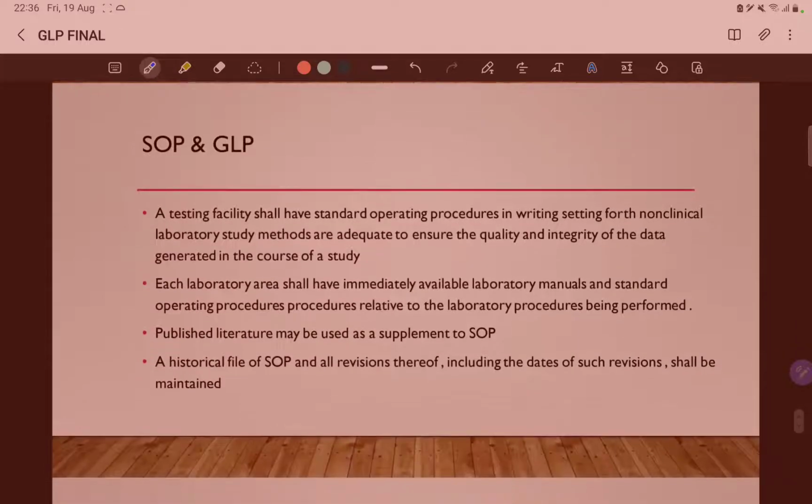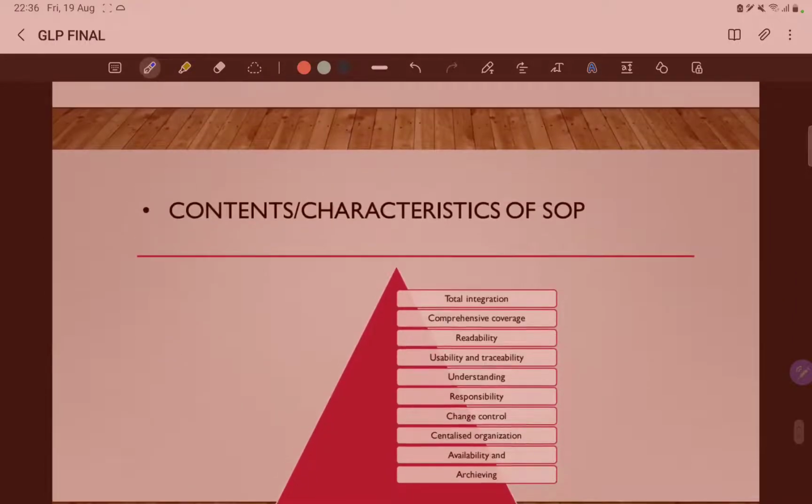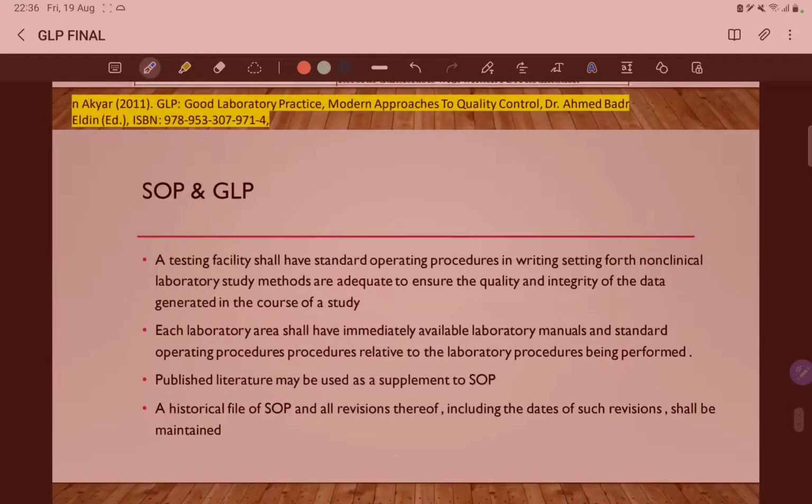Now the SOP, and what is the relation of SOP and GLP, we'll see. A testing facility shall have standard operating procedures in writing, setting forth non-clinical lab study methods that are adequate to ensure the quality and integrity of the data generated in the course of the study. So this is important.